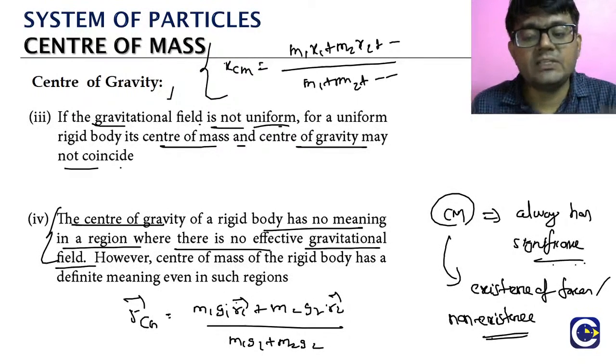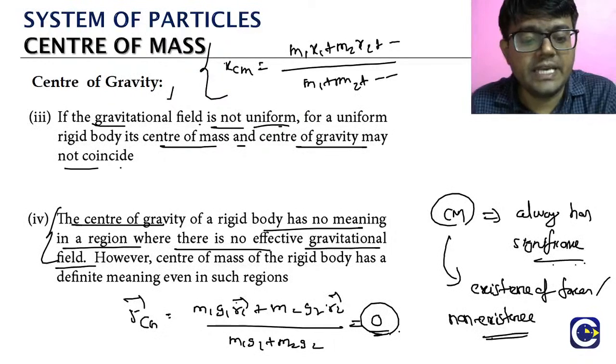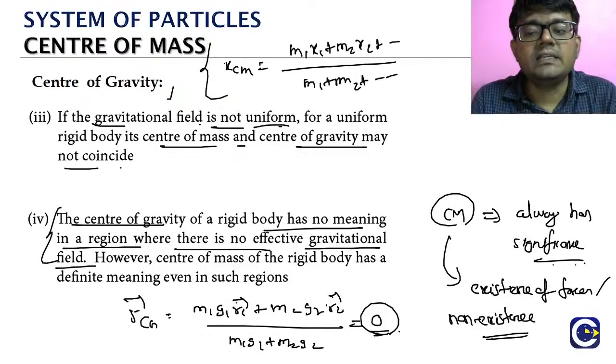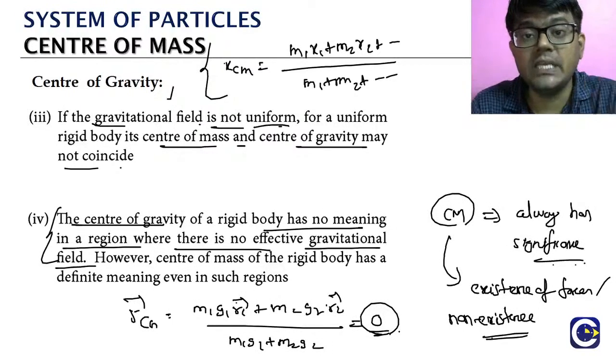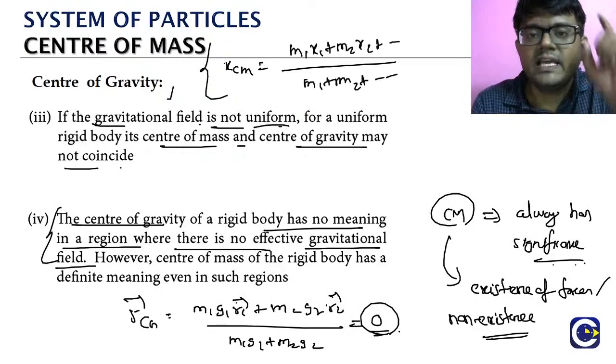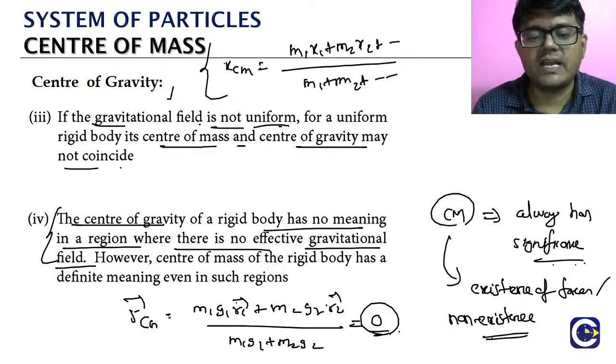Without a gravitational field, G1 is equal to 0 and G2 is equal to 0. Overall, the center of gravity will not have any significance. So center of gravity has meaning only in a place where there is a gravitational field.